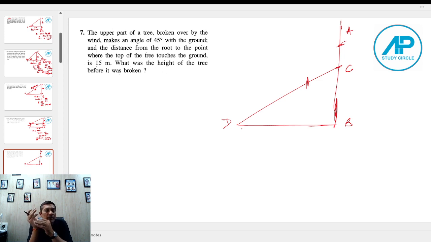The part of a tree broken over by the wind makes an angle of 45 with the ground. The tree that broke and came down made an angle of 45 with the ground. And the distance from the root to the point where the top of the tree touches the ground is 15 meters.